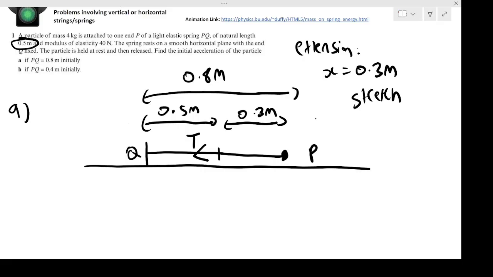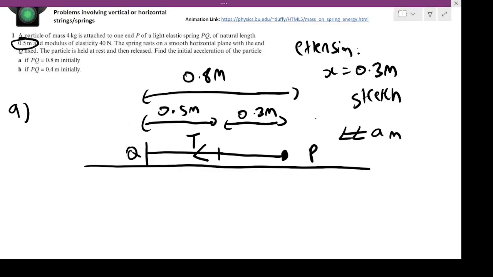Once we let go, the particle is going to start to move backwards, to ping back. Therefore we can assume the acceleration is going to the left, moving backwards. That's the direction of my acceleration. Hopefully that visual's helped you see what the movement will look like.